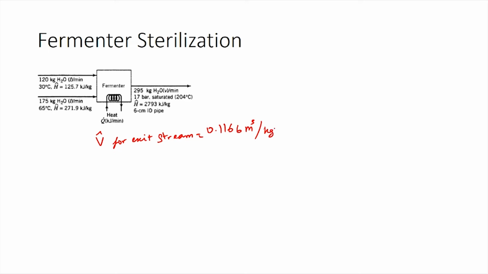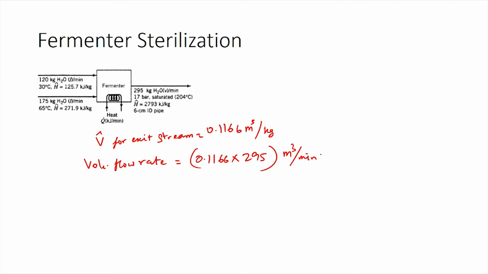This is the specific volume for the exit stream based on the steam tables. Now, we need to multiply this specific volume with the mass to get the volumetric flow rate. So, the volumetric flow rate would be equal to 0.1166 times 295. This would give us volumetric flow rate in terms of meter cubes per minute.